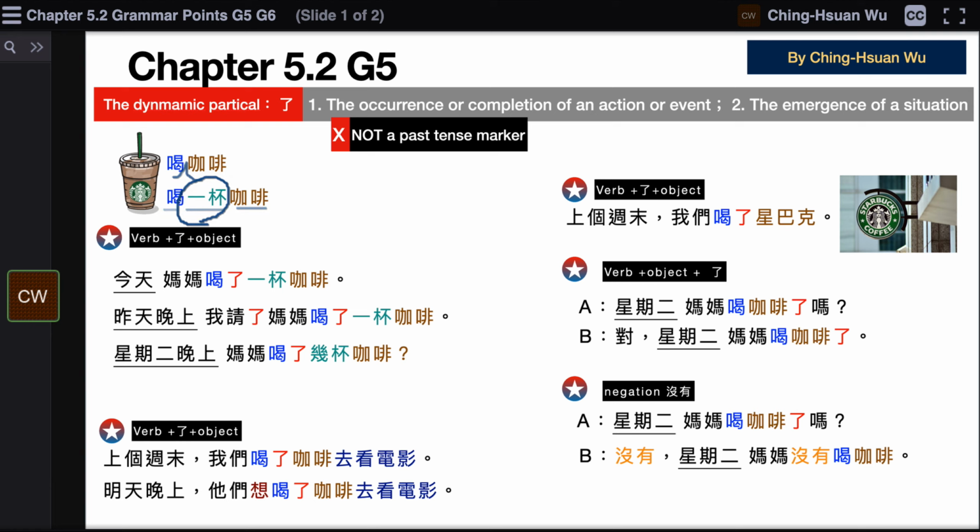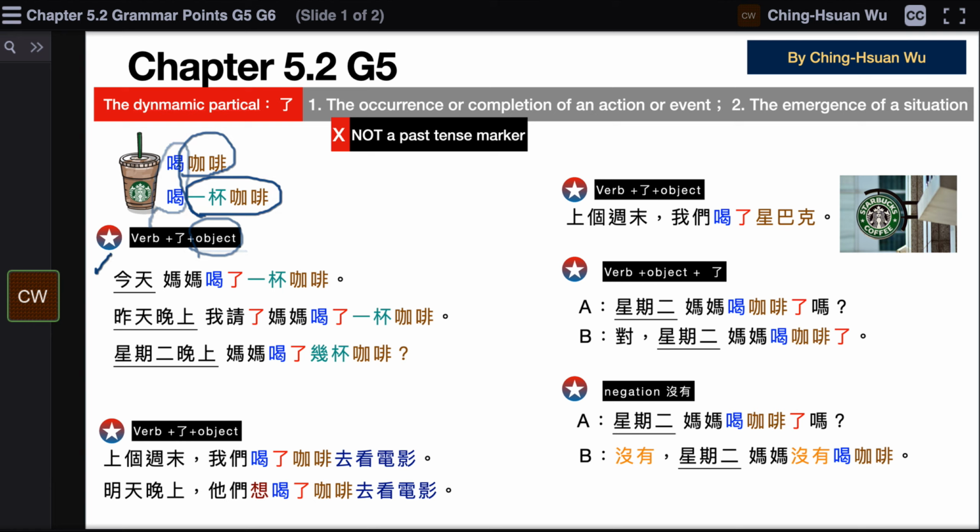Now let's take a look at the first example. The basic structure of how le is used is you have the verb and then the object. Verb is your 喝. Object would be your 咖啡 or 一杯咖啡.